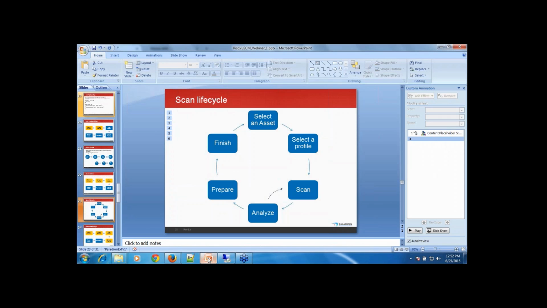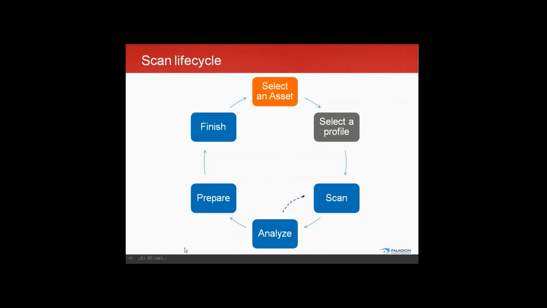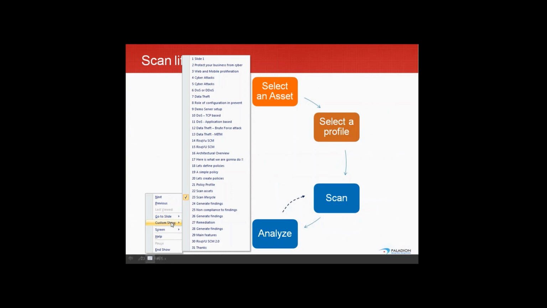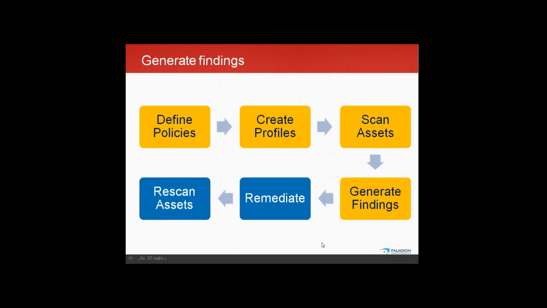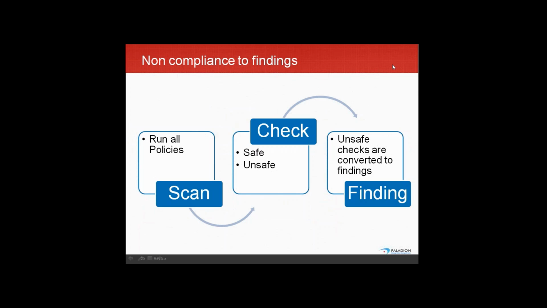Moving on, after the scan has finished, the next step is to generate the findings. So what do I mean by generating the findings? Basically, as you can see on my screen, first the responses are collected for all the policies.